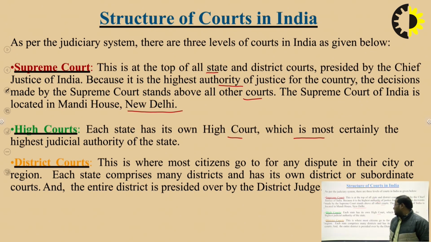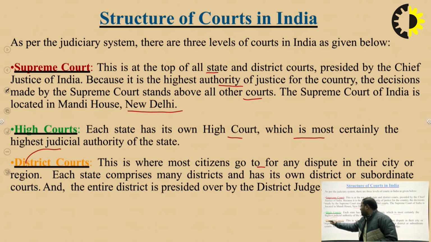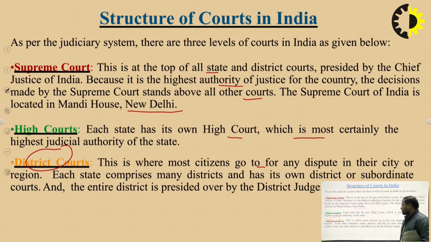District Court: this is where most decisions go for any dispute in their city or region. Suppose I am living in Ghaziabad district, then I will go first for justice to the District Court of Ghaziabad. Each state comprises many districts and has its own district or subordinate courts, and the entire district is presided over by the district judge.